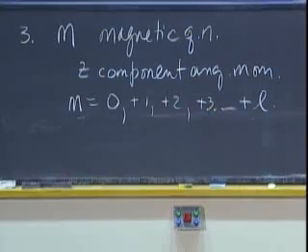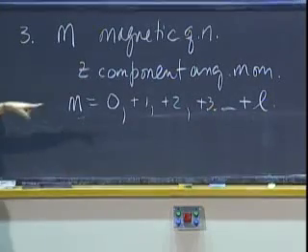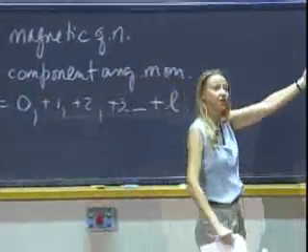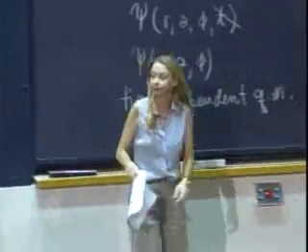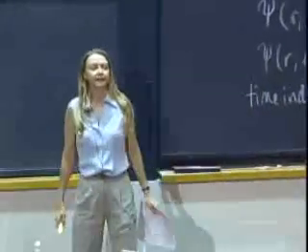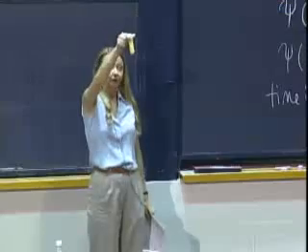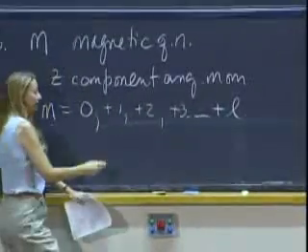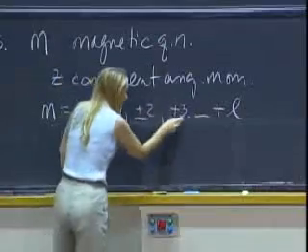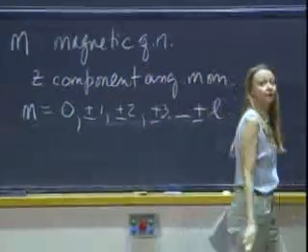Okay? So the largest value you can have is L. But since this is a z component, we've got some direction. And so m could also be minus 1, minus 2, minus 3, down to minus L.